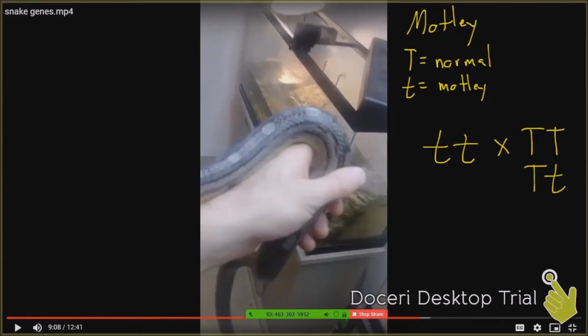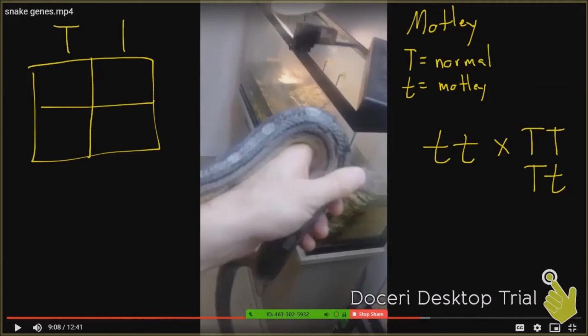Now, if she were big T, big T, we could do a Punnett square, and we could see that if Tiffany was big T, big T, then none of her babies should come out motley. They would all have that one big T. But that's not what happened.